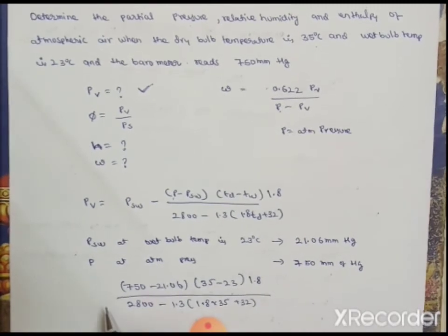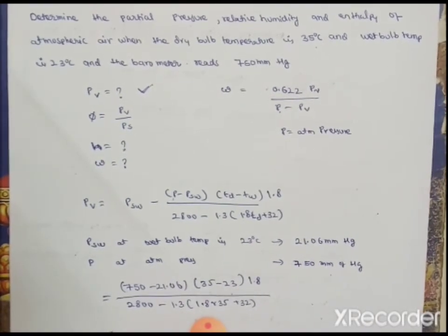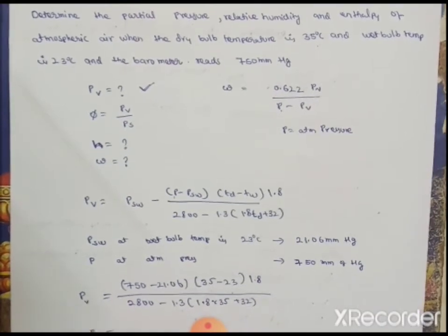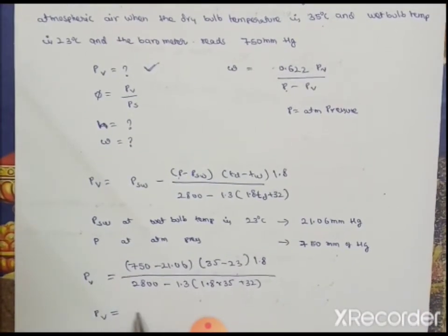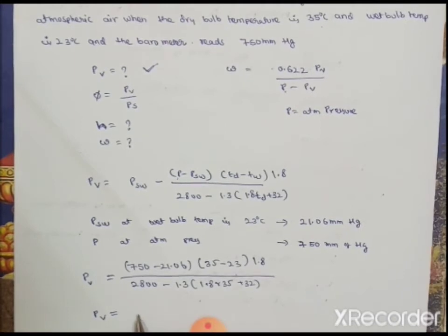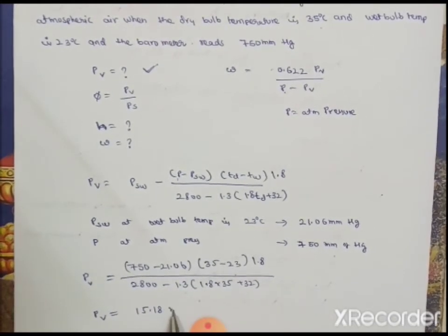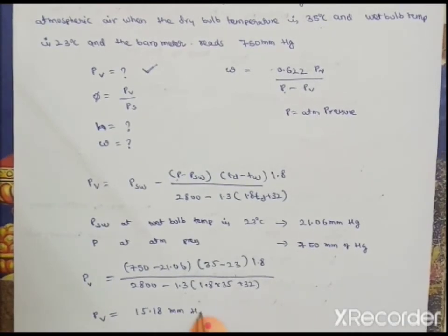From this equation we will get PV. From the calculation we get the value 15.18 mmHg.